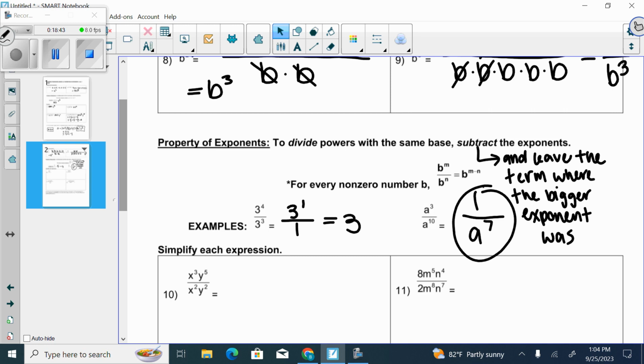So on the first one, our bigger exponent was in the top, so that's where we put the 3. Here, my bigger exponent was in the bottom, so that's where I put the A to the 7. Okay, let's do a couple more of those.